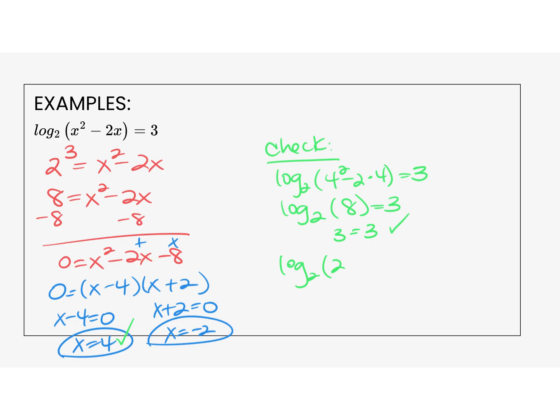Log base 2 of negative 2 squared minus 2 times negative 2 equals 3. Oh, sorry, this should be negative 2. So negative 2 squared is 4 minus 2 times negative 2, which would end up being plus 4. So I get log base 2 of 8 equals 3, which again we know 3 equals 3. So they both work.